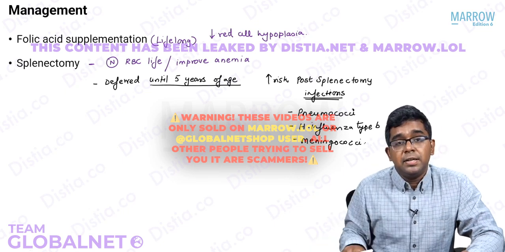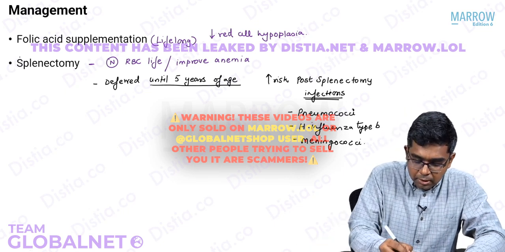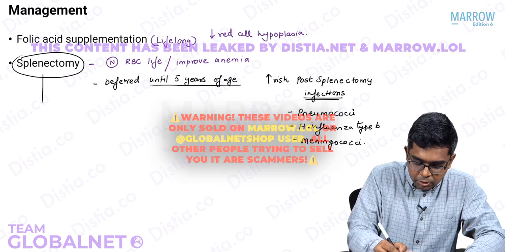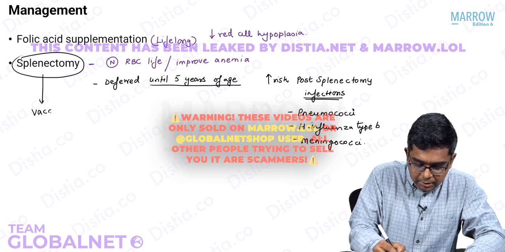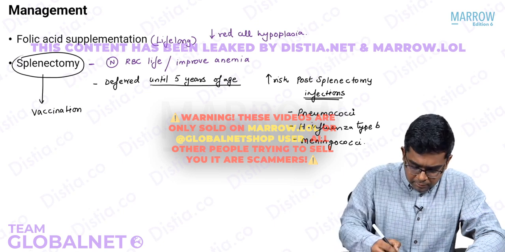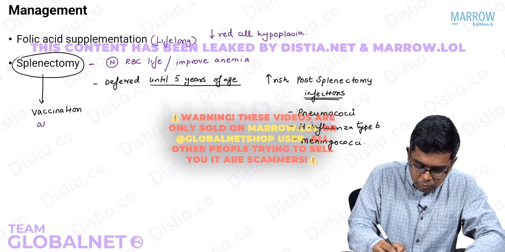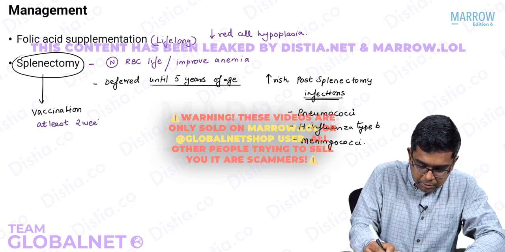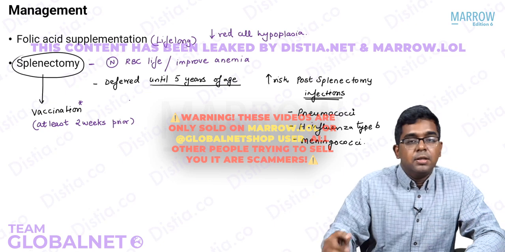That is why it is very important that children who are undergoing splenectomy should be vaccinated against all these 3 infections. Guidelines say that at least 2 weeks prior to splenectomy, all these vaccinations should be completed. That is an important point to be noted.